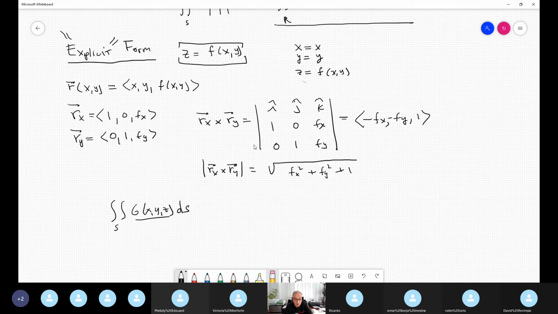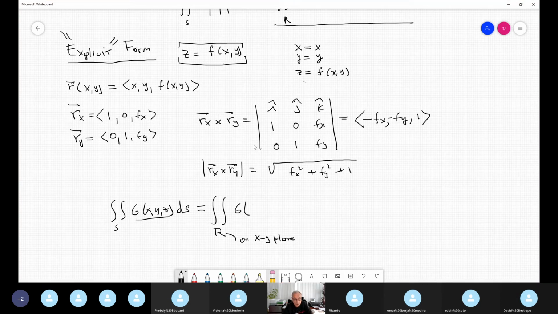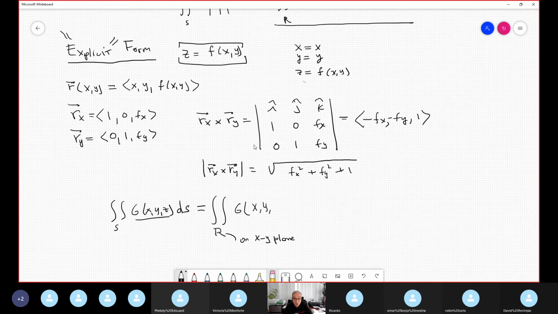At this moment, I come back to the integral and I convert this surface integral into a double integral in the region R. By the way, this region R is on the xy plane. I don't investigate how it looks because I have no information about the function. So you replace g, plugging in x is x, y is y, z is f(x, y).